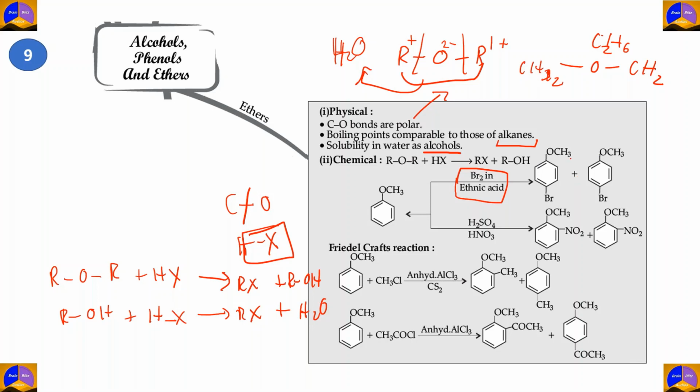It gives an ether which contains a bromine atom in it, so it changes to another compound. It is present with both ortho and para positioned bromine atoms, and one of them is the major product. The major product here is para.